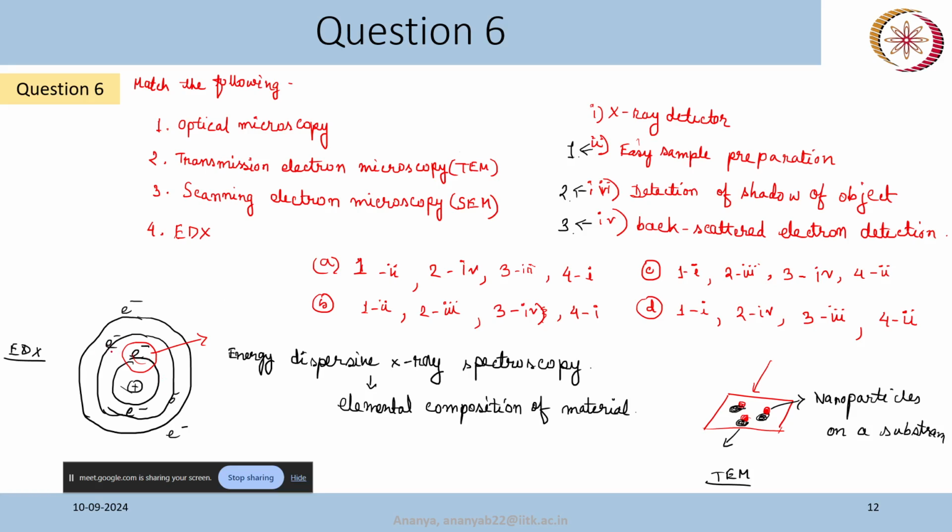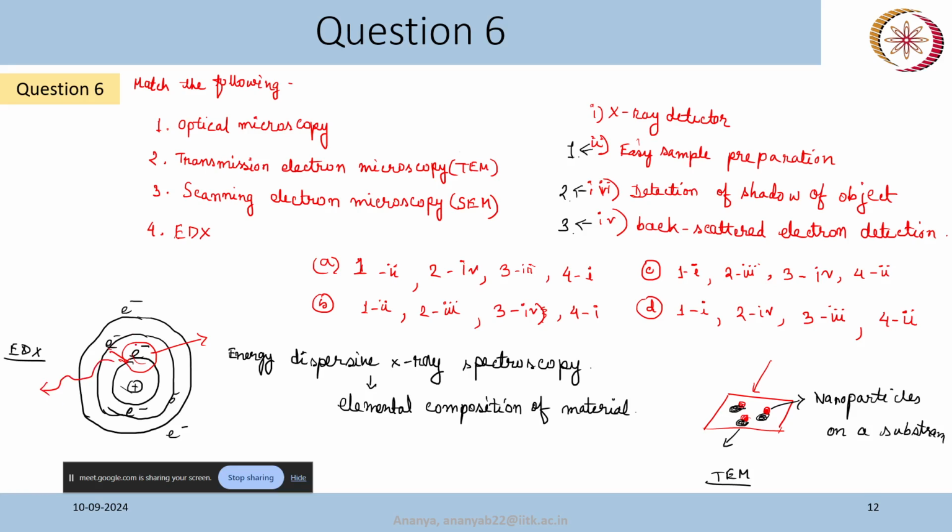The outer layer electron has more energy compared to these electrons. So when it comes here and fills the gap, it will release energy in the form of X-ray.